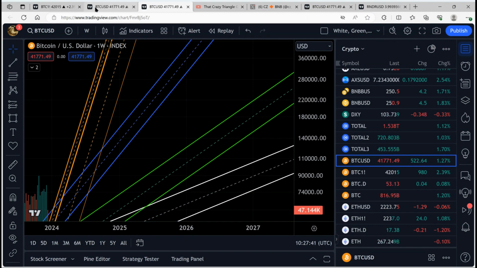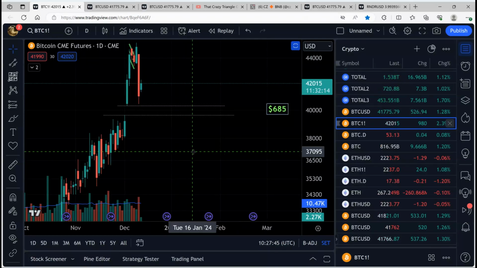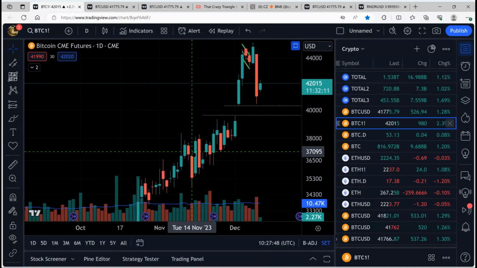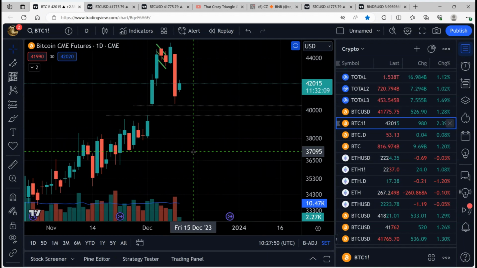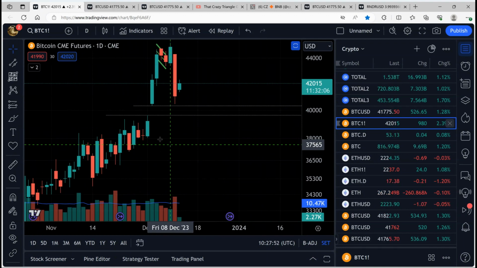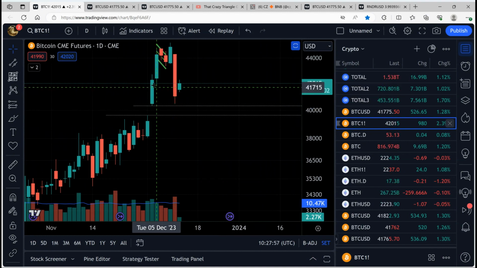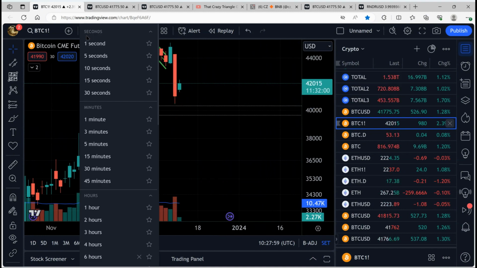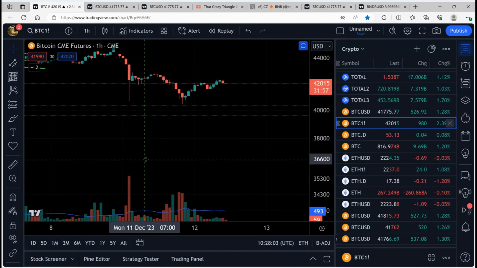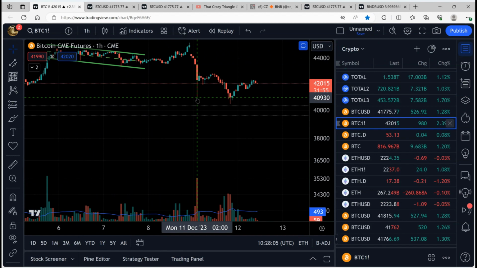Now let's go look at the futures. And look what happened. We couldn't close the gap. The frickin' bears couldn't close the gap, and that's on a daily basis. Look at an hourly basis. They tried, couldn't do it.